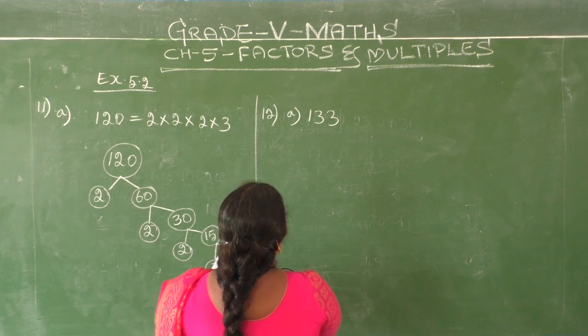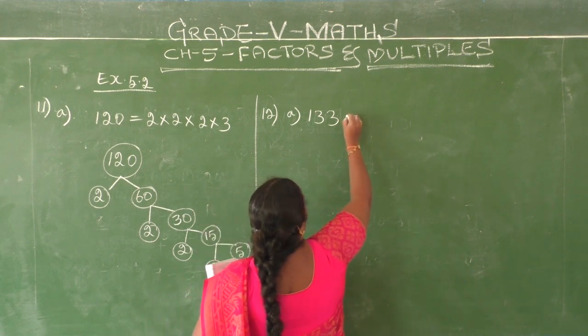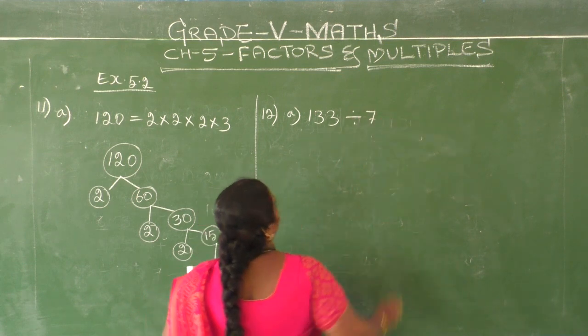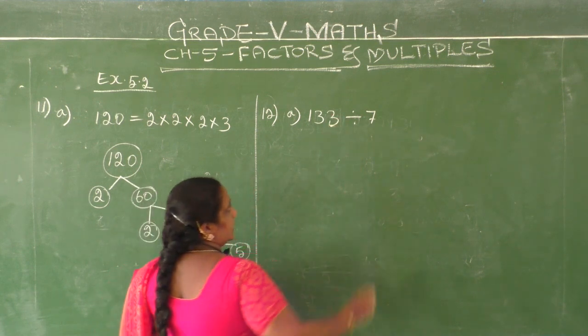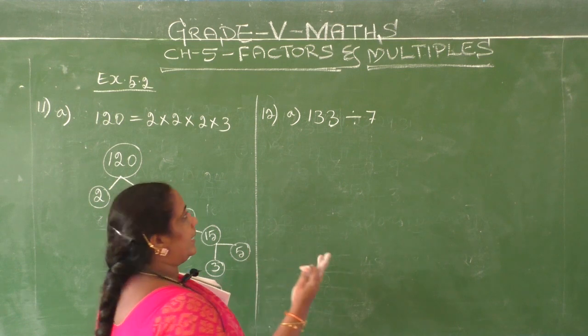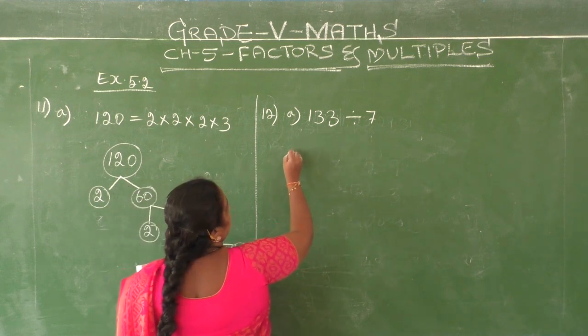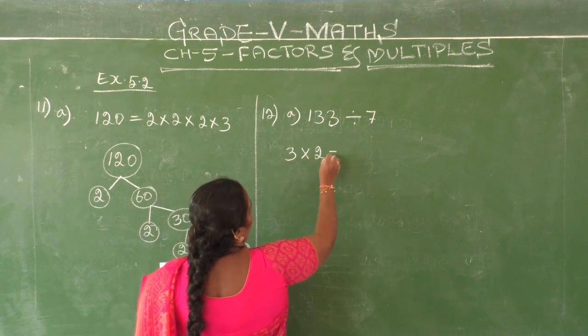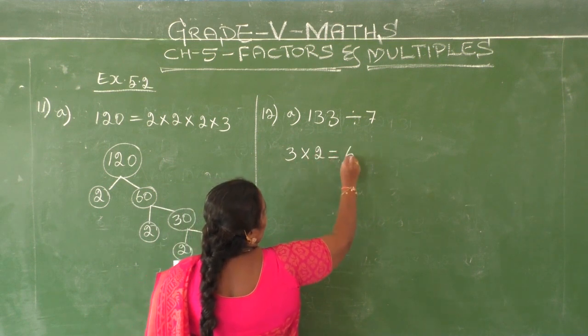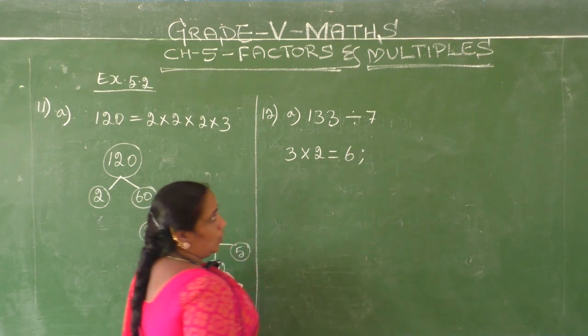So what is the rule for divisibility by 7? First you have to take the ones place number and double it. Here the ones place number is 3. Double that number means 2 times 3 is 6. So the first step is over.